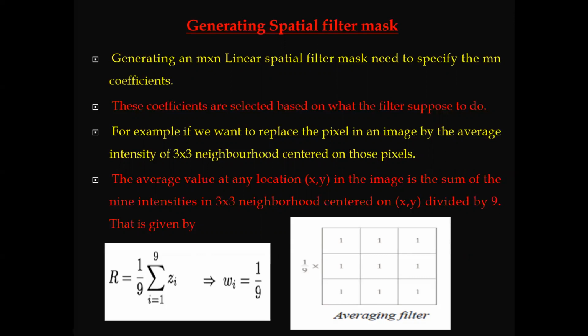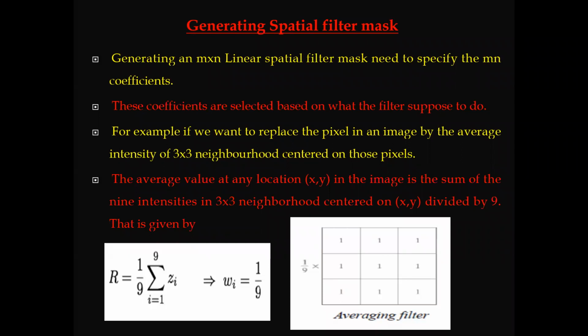Here the question is how to generate a spatial filtering mask. Generating an MN linear or nonlinear spatial filtering mask means we need to specify the MN coefficients present in the mask.